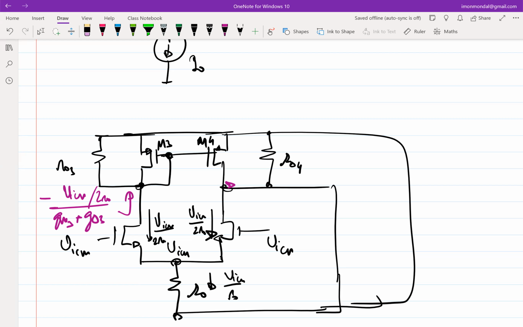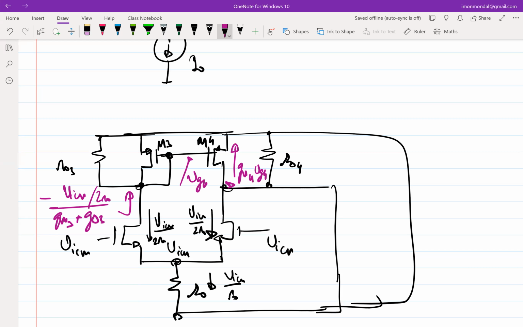Okay. So what will be the current through M4? Then it will be GM of M4 times the gate voltage. Right? So this voltage is VG4, so this current will be VG4 times GM4, going upwards.